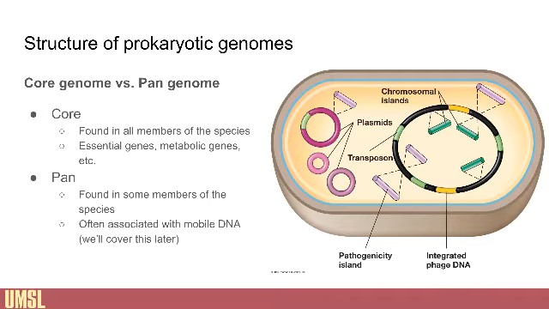I would say that these are core genes. So they're found in all members of the species, regardless of where I found them and regardless of who they're normally associated with. Then there's an interesting concept that we call the pangenome.